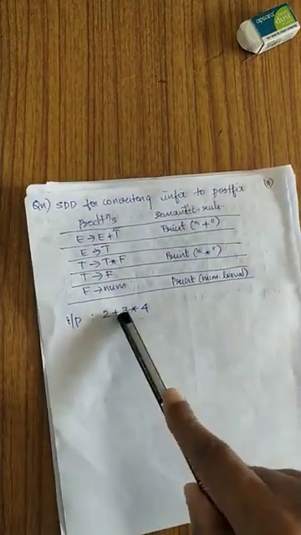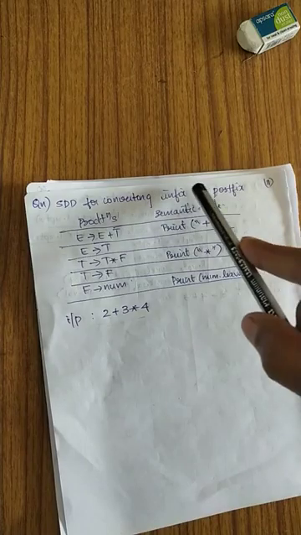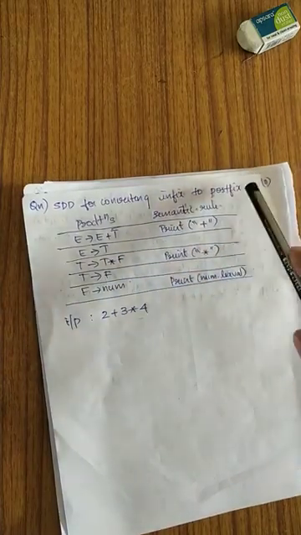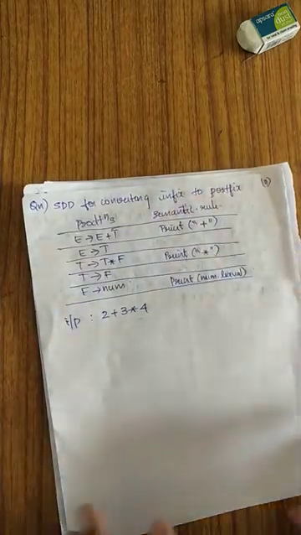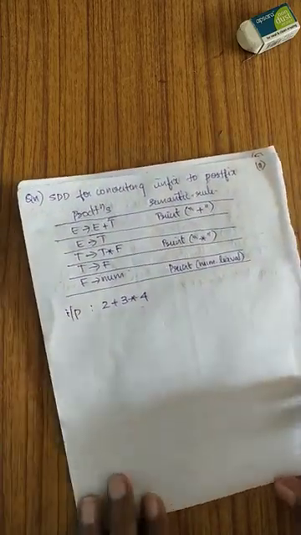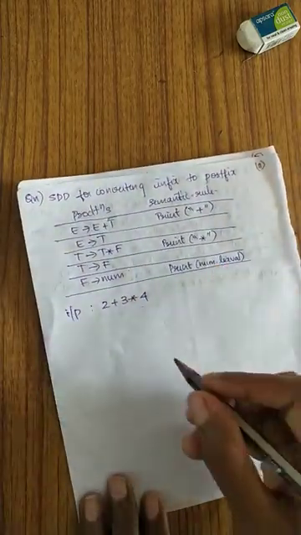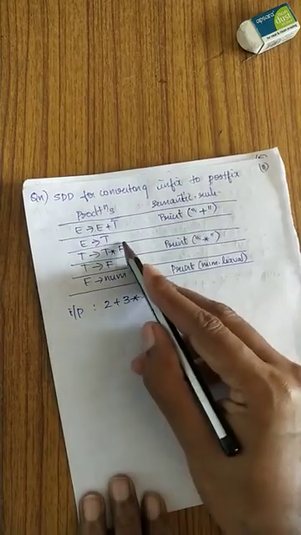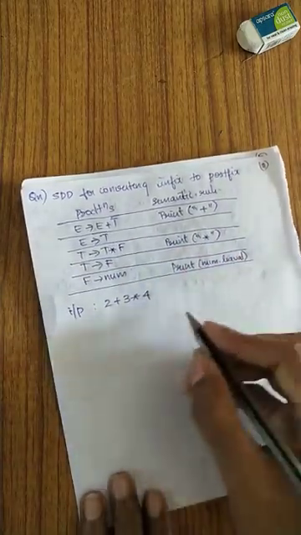So this is the input. After attaching the semantic rules, we will get the postfix expression. So let's see how to obtain the postfix using these semantic rules. So 2 plus 3 into 4, using these productions I have to draw the parse tree for that.